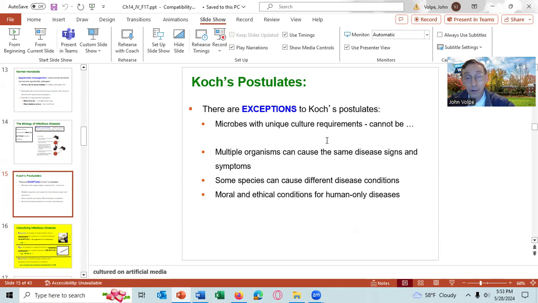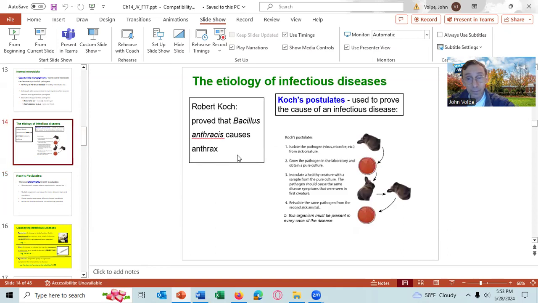But what do you do if multiple organisms can cause the same disease, signs, and symptoms? If you remember, Koch's postulates state that all organisms that have this disease are caused by this one microbe. An example is the human cold.